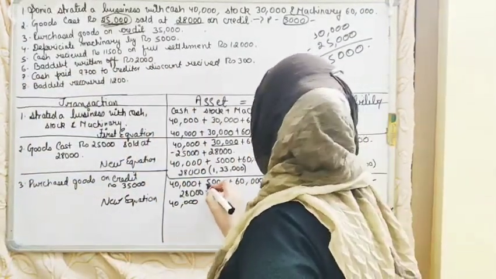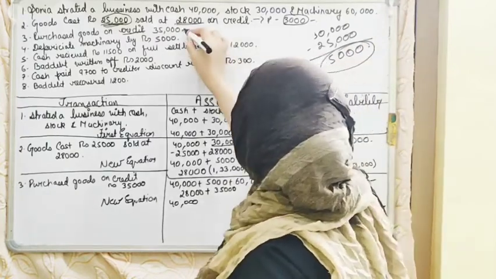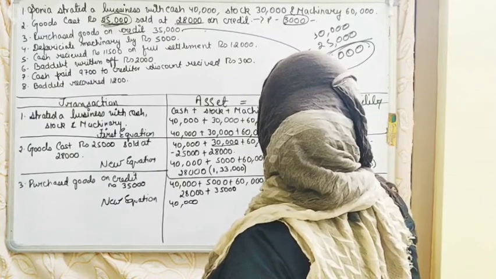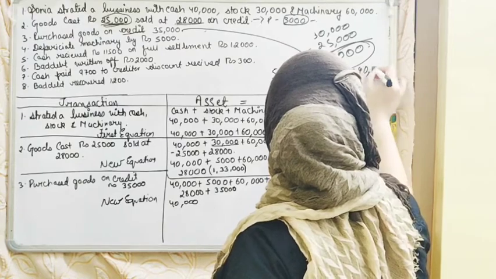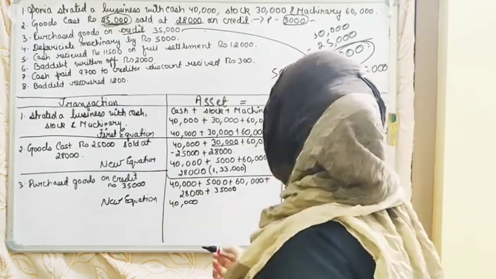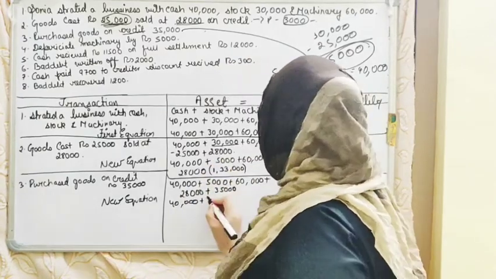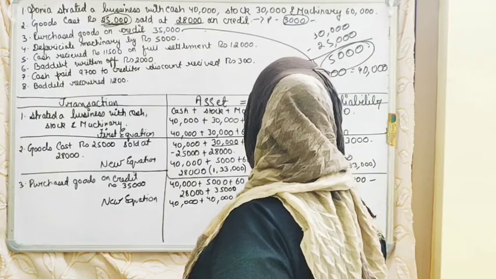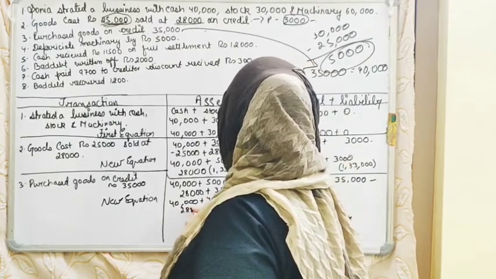Remember. So we were having a stock of rupees 5,000 and we bought again a stock of rupees 35,000. So 5,000 plus 35,000, that comes to a total of 40,000 rupees. Right. So we will write here again in the stock part, not 5,000 but 40,000 plus 60,000 plus 28,000.